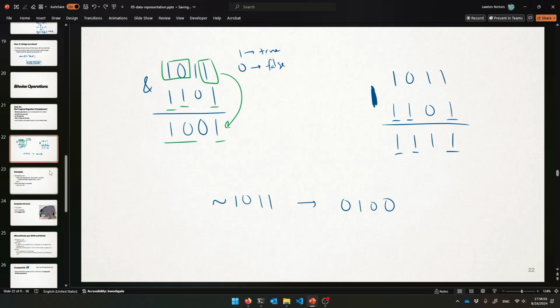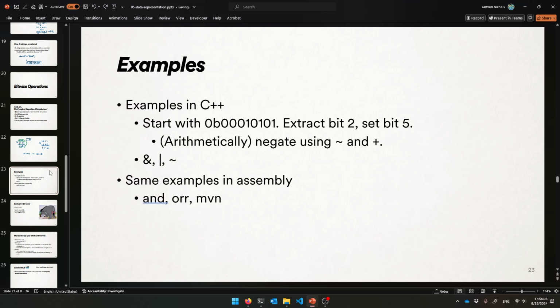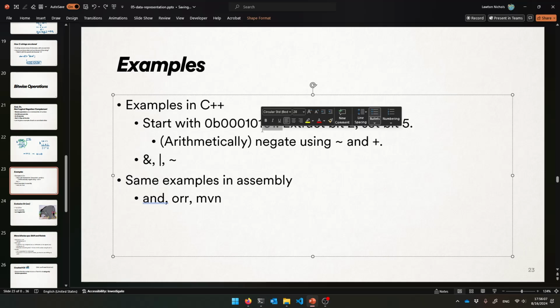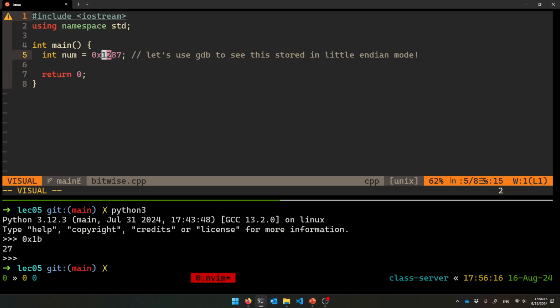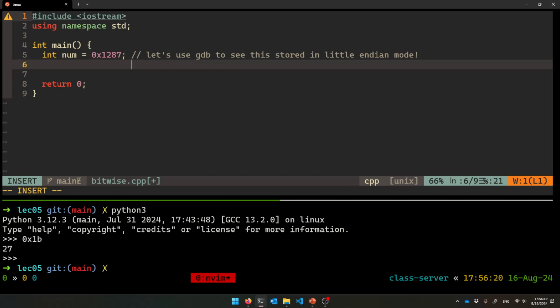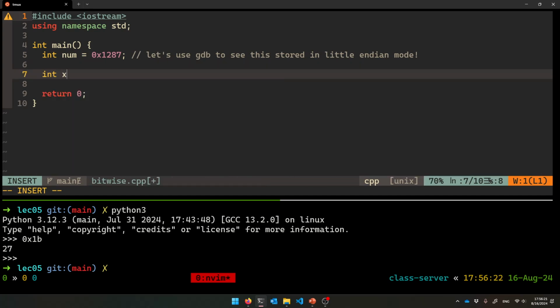So yeah, let me give you some examples in actual code with this in C++. Let's start with this number in binary, 1, 0, 1, 0, 1. I'll put that into a variable. I've got num already. Let's make a new variable called just x, and I'll store a binary number.